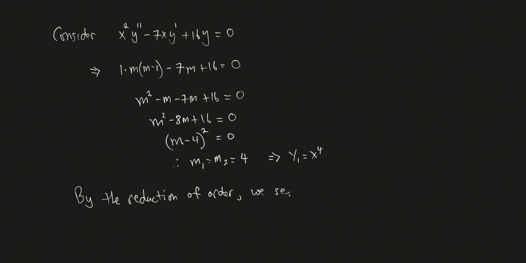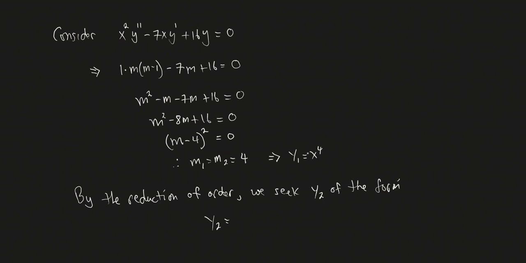Well, we seek y2 of the form... Since we can't just duplicate this and say c1 times x to the 4th plus c2 times x to the 4th. No, we can't take a constant times this, or two different constants times this. We're not going to get our fundamental set.